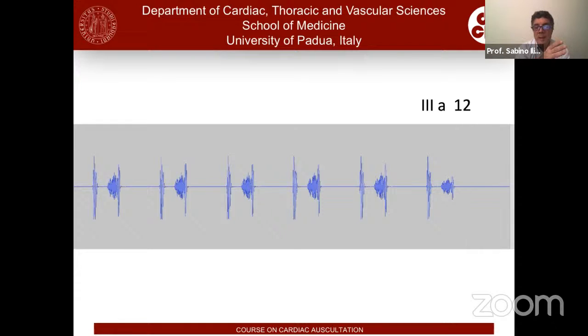This means that the murmur does not cover the entire systole, but is end systolic. The end-systolic murmur can be the result of mitral valve prolapse or ischemic heart disease.